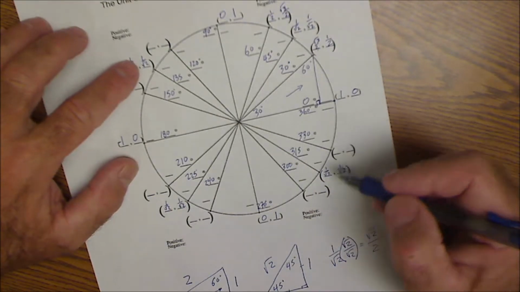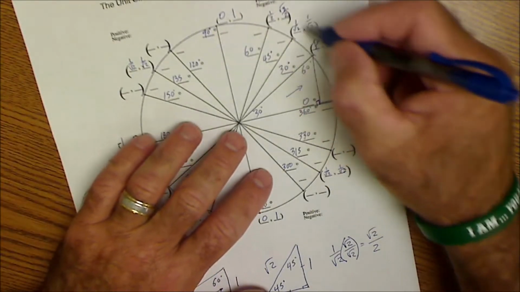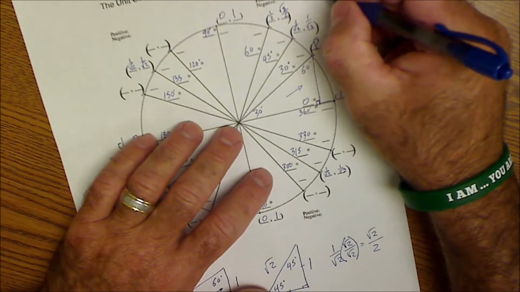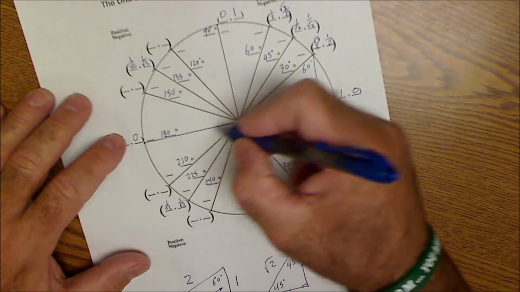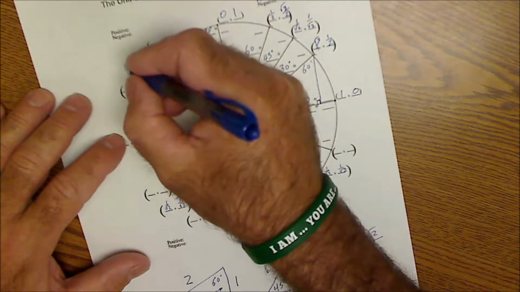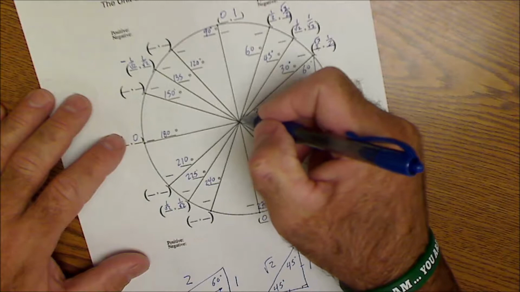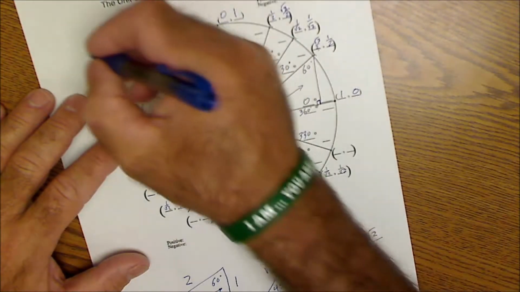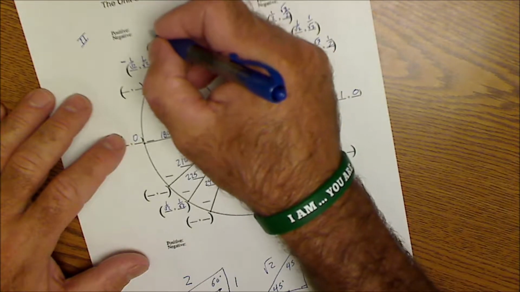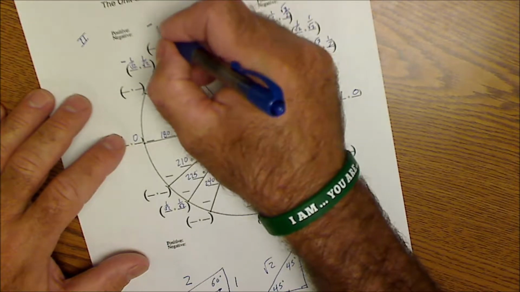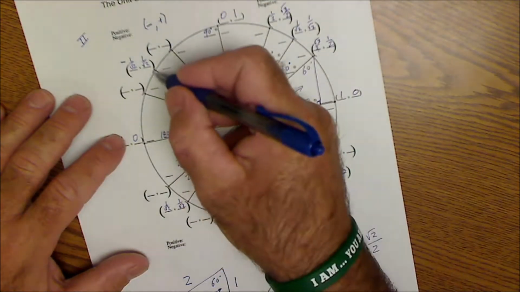However, in the other quadrants, you've got to remember the positives and negatives. So everything in the first quadrant is positive, positive. Everything in the second quadrant, because I go over from right to left, will be negative, and then I go up. So in the second quadrant right here, I go over to the left. So my first value will be negative, my second value will be positive, because I go right to left and then up.